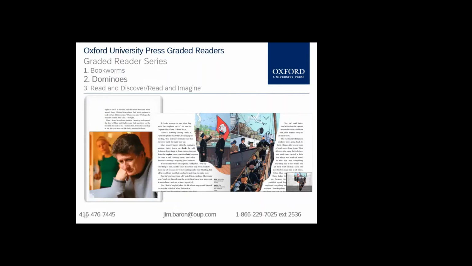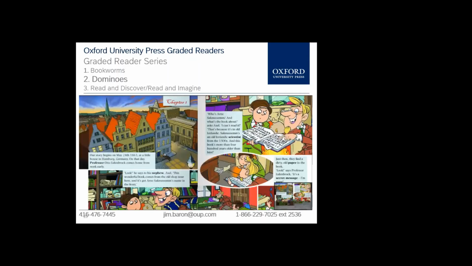They really support the text that the students are reading quite nicely. And speaking of illustrations, many of the titles, especially in the lower levels, they're presented in a comic book style rather than a traditional novel. Some of the Bookworms are presented in a comic book style too, but fewer than the Dominoes. And so this can really help lower level readers build their confidence.